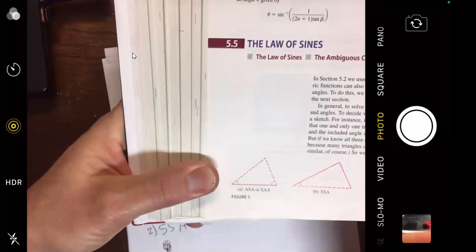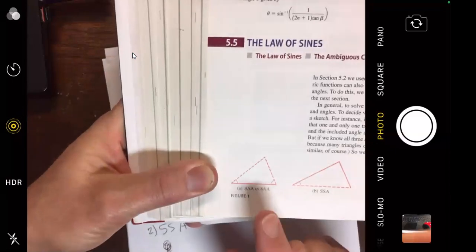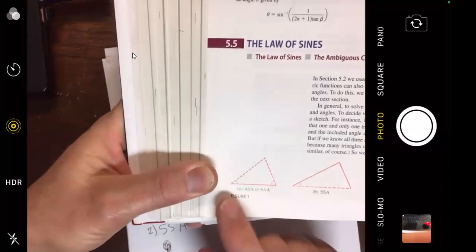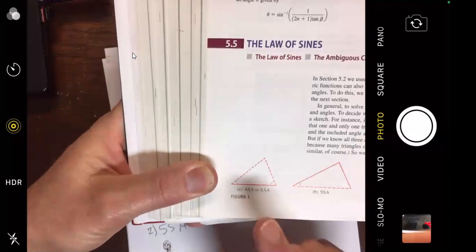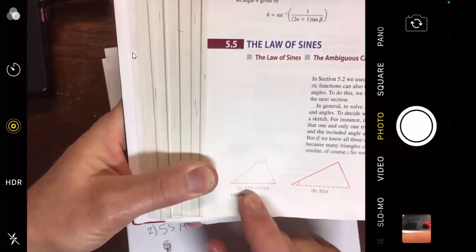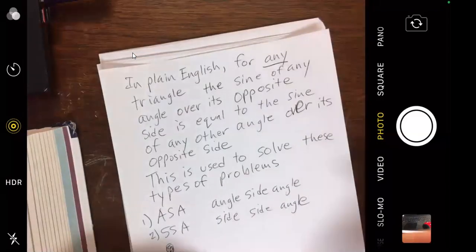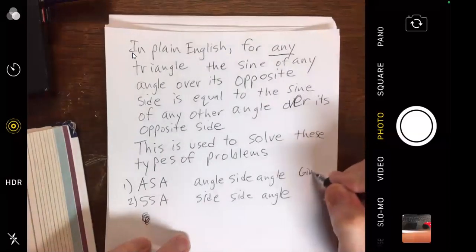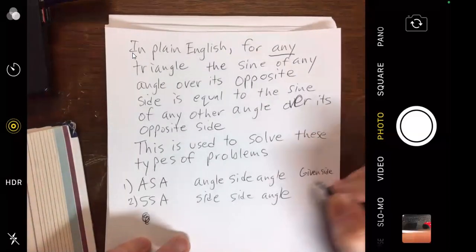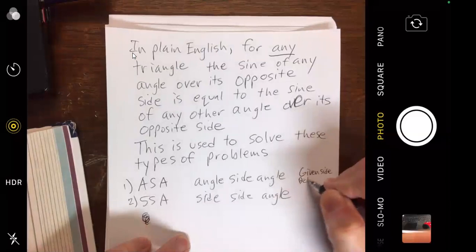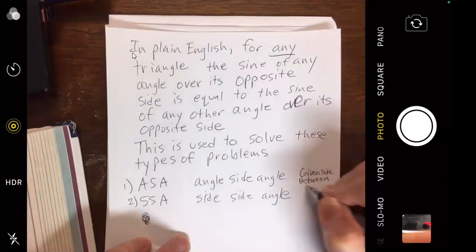So basically, you're given a side between two angles.